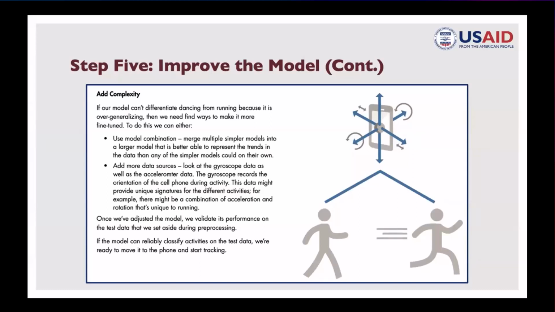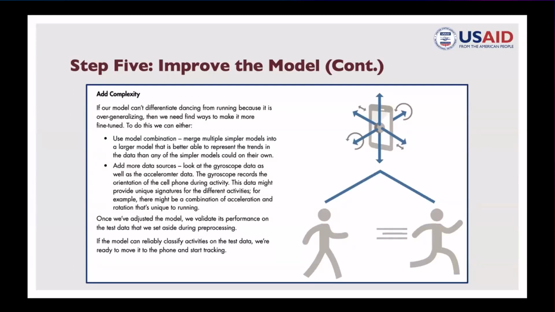Now, it can also be on the other end of the spectrum, which is to add complexity, if you want it to be more accurate. As mentioned here, the model can't differentiate dancing from running because it's overgeneralizing. Then we may find ways to make it more fine-tuned, such as using model combinations. This is the method called boosting, like AdaBoost and gradient boosting, wherein we combine several models.